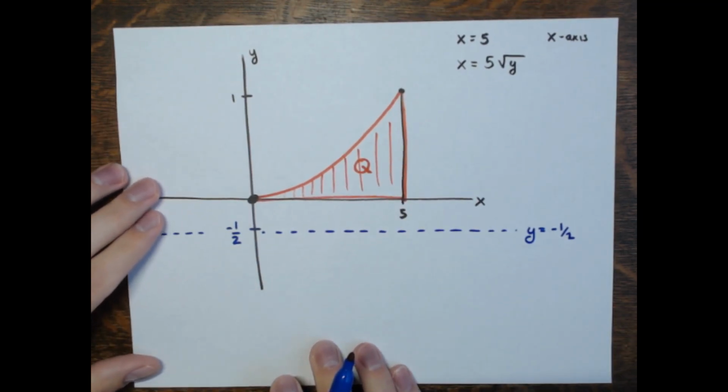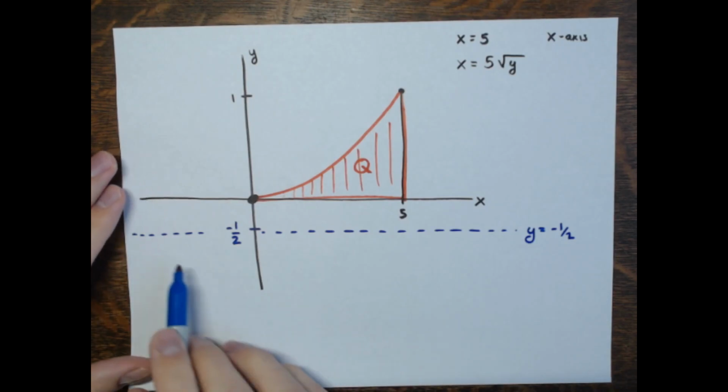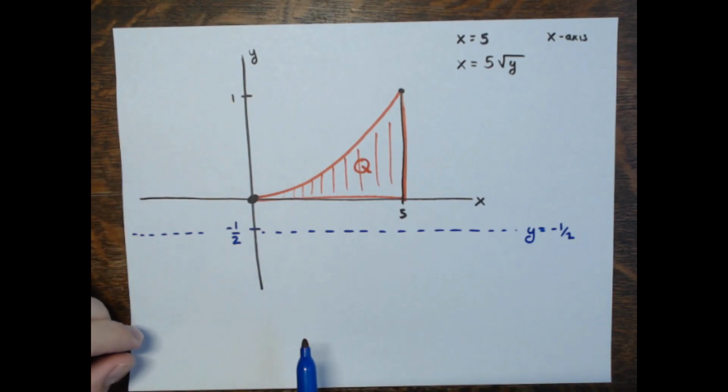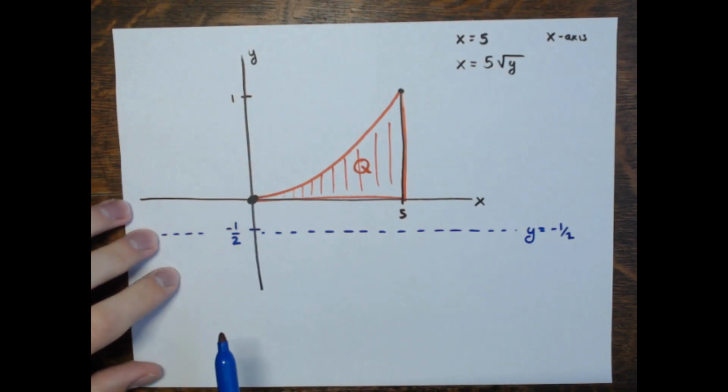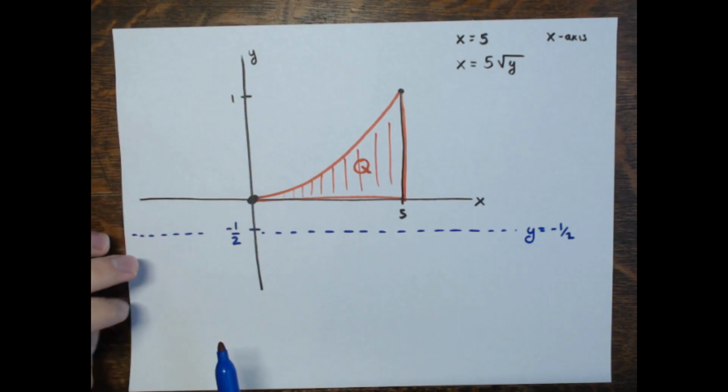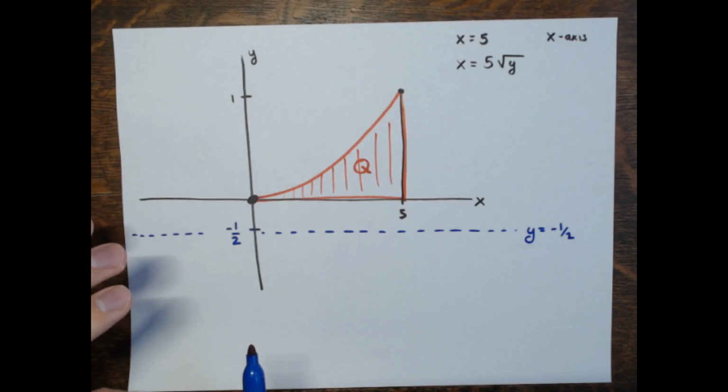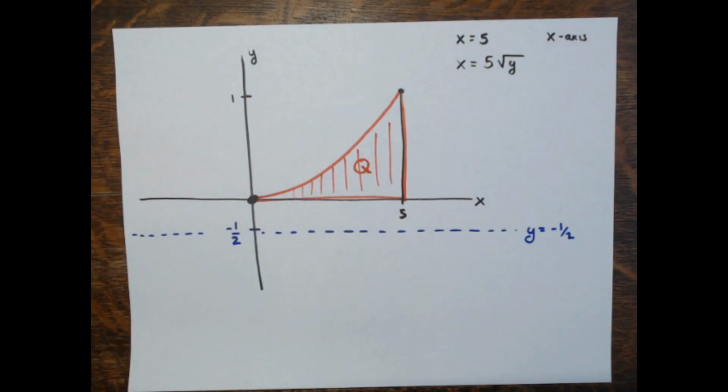When you're rotating around a line that's not the x-axis or the y-axis, but some other horizontal or vertical line, all that's going to change is the radius of the shell. It's going to change by either a half or -1/2. It'll be increased by a half, or you might have half minus something, but it'll involve a half somehow.